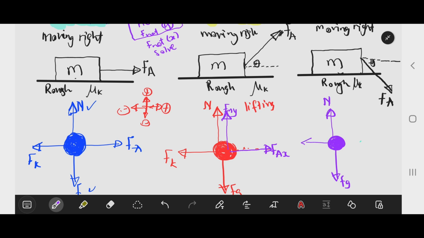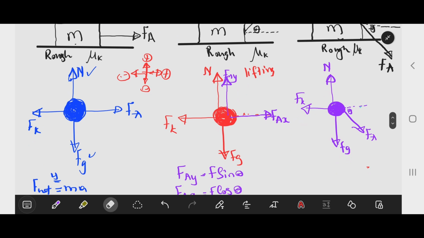We will have our friction, which is Fk, and we have our applied force in that direction. The applied force is applied theta degrees clockwise from the positive x-axis.